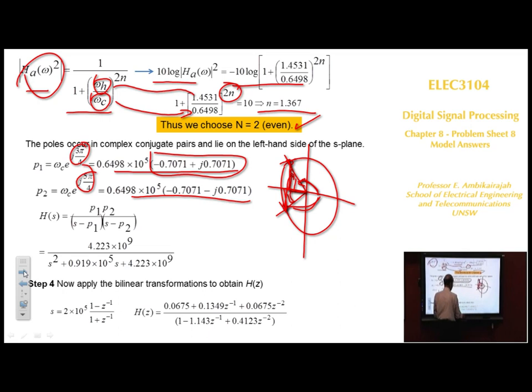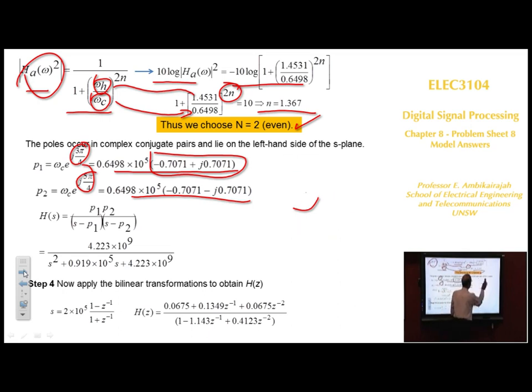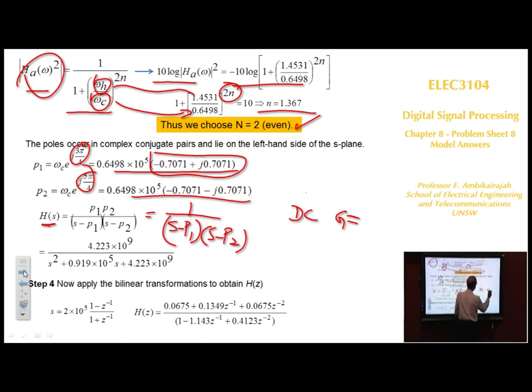Okay, so you got those pole positions, and now you write the transfer function, H(s). In this case, we could have written it as 1 over (s minus p1) times (s minus p2). We could have written it that way. But we want to make sure that at DC the gain is equal to 1.